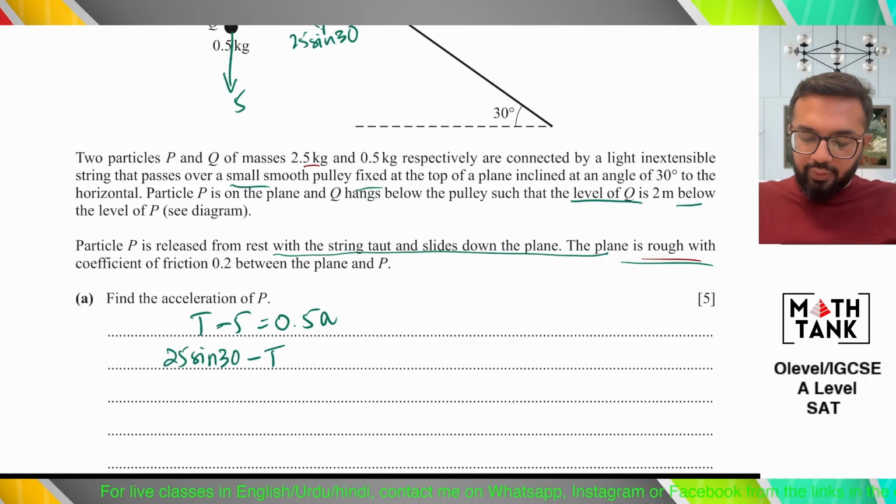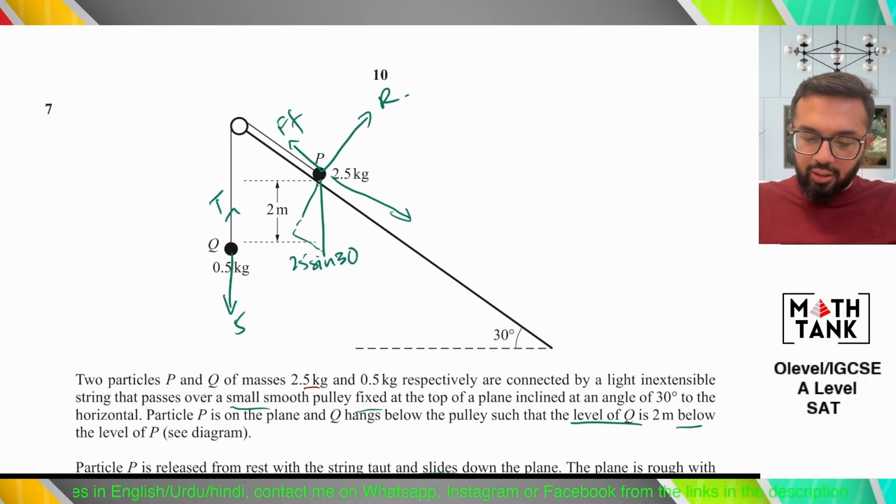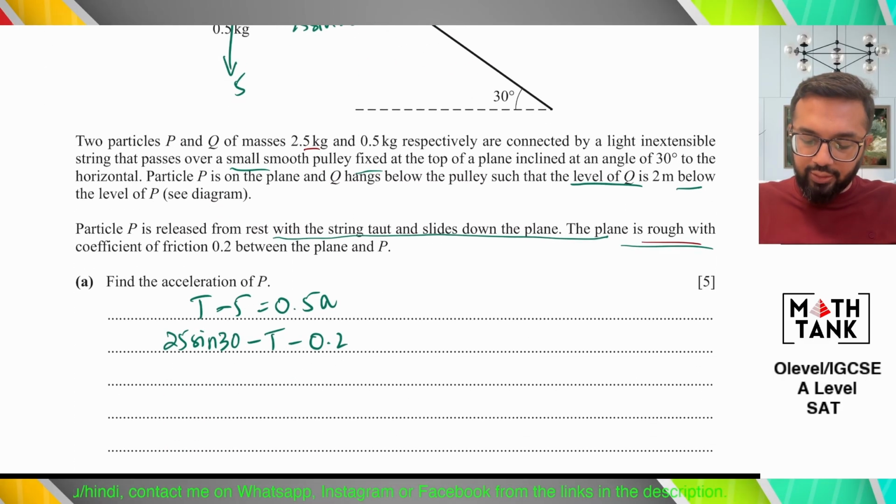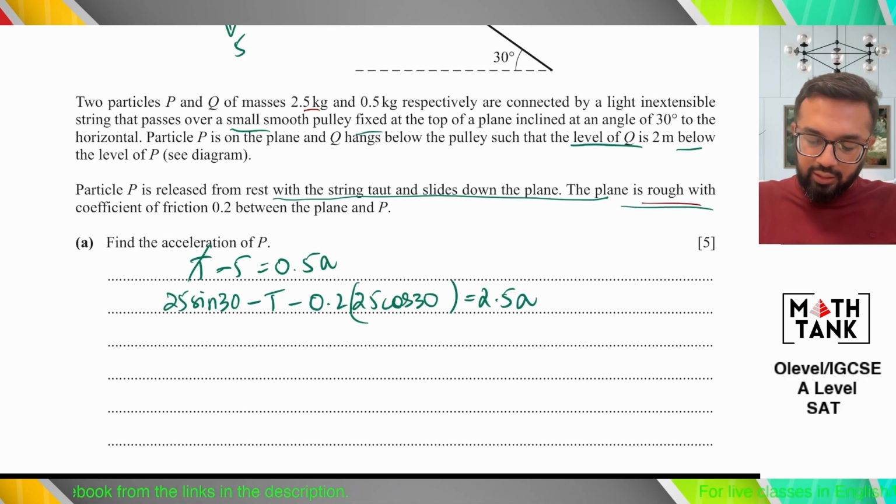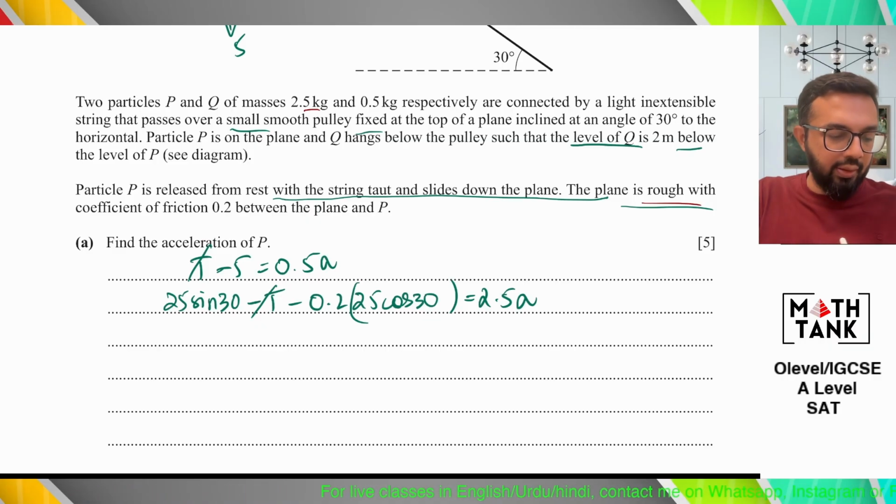So the frictional force is going to be 0.2 into R. R is going to be 25 cos 30, equals 2.5a. We cancel that with T. Let's see what the remaining thing is. 25.